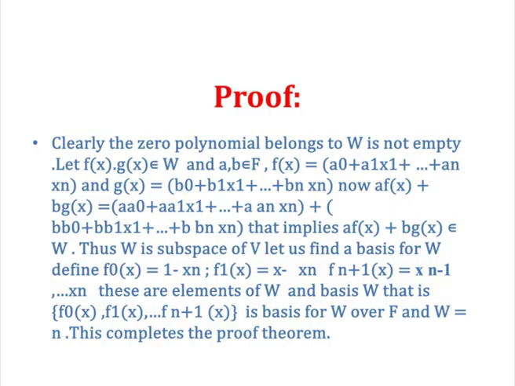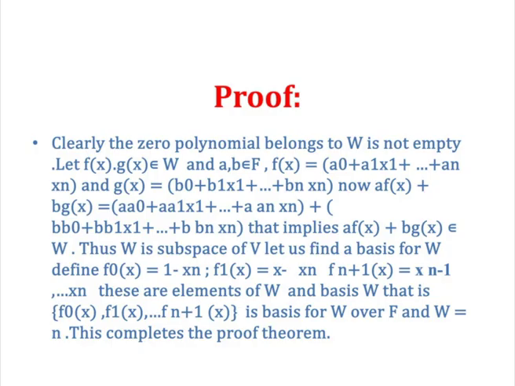Proof: clearly the zero polynomial belongs to W, so W is not empty. Let f of x and g of x belong to W and a, b belong to F. f of x equal to a0 plus a1 x plus a2 x squared and so on, an x to the n, and g of x equal to b0 plus b1 x plus b2 x squared, and so on, bn x to the n.